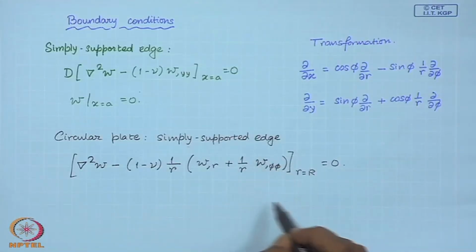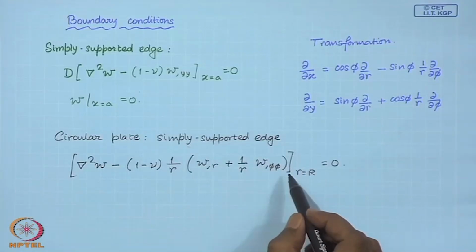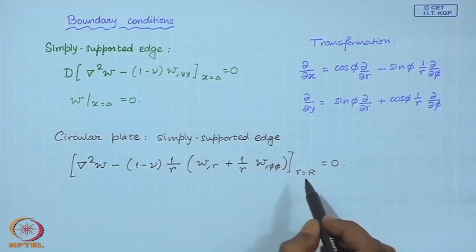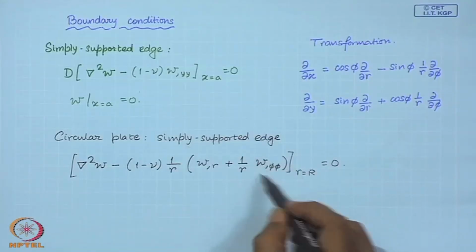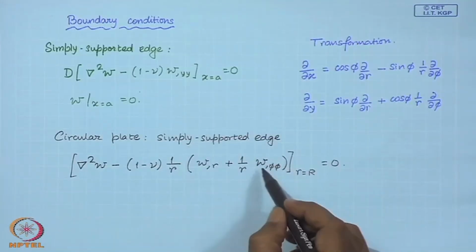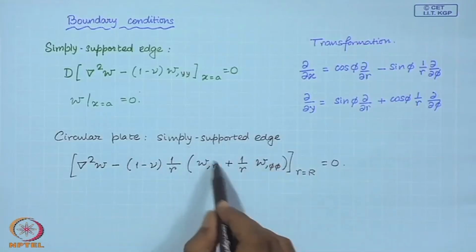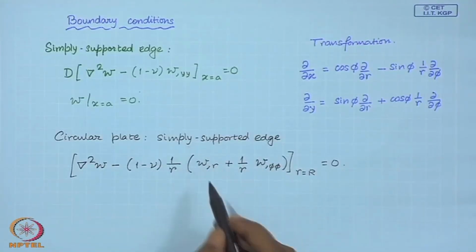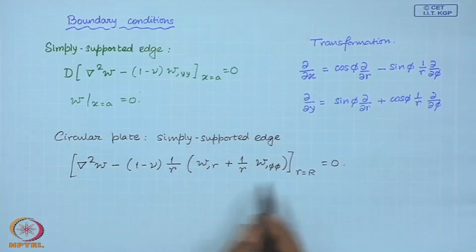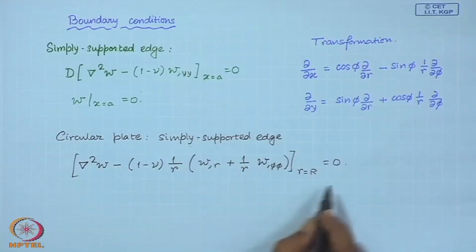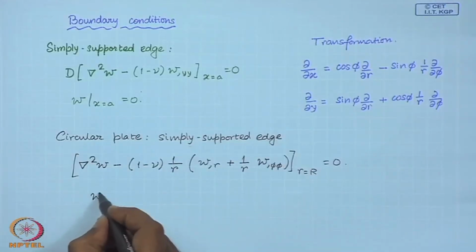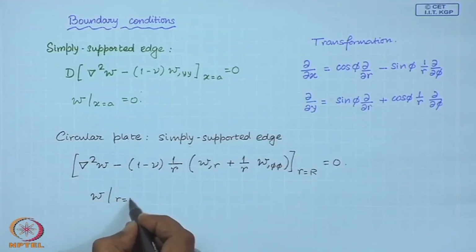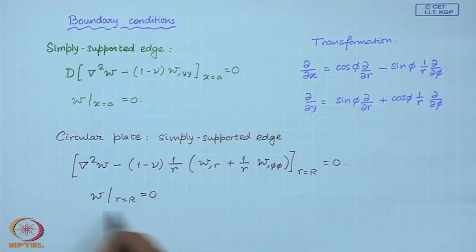If the periphery is simply supported at r equal to capital R, then this term will vanish of course, but still there is a contribution from this term. So, for the circular plate, the natural boundary condition is given here, and the other boundary condition of course is a 0 displacement condition.